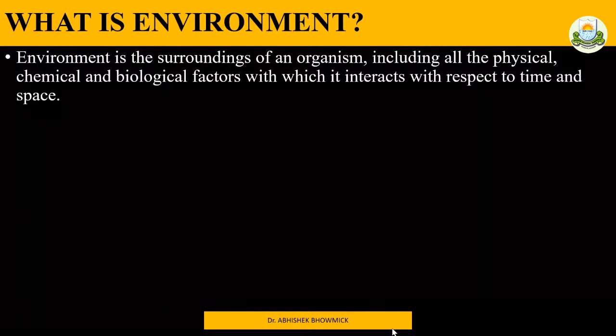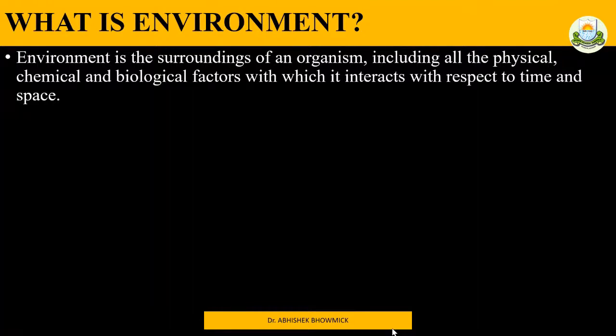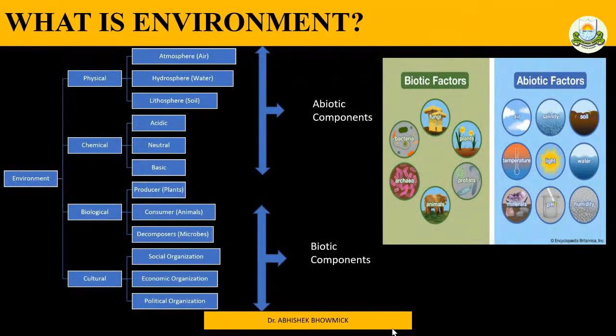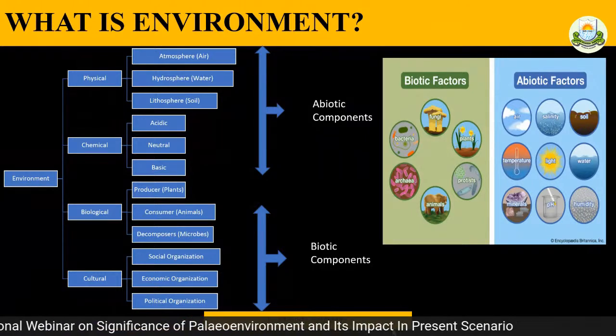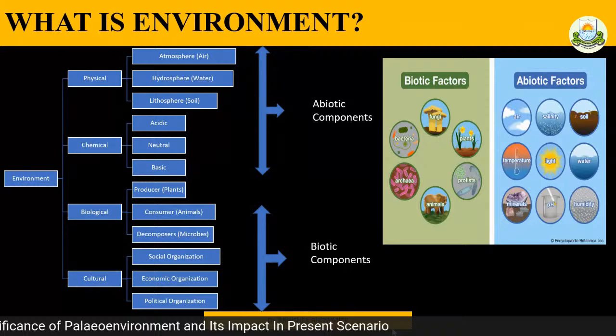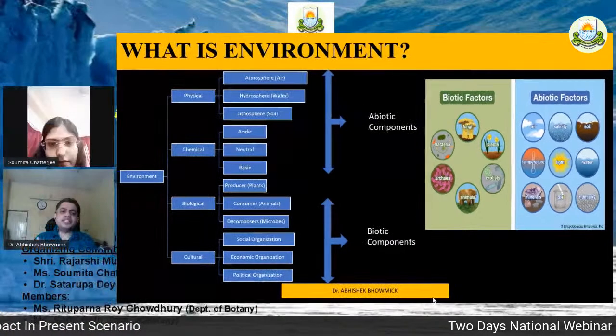So let's understand what the physical, chemical, and biological factors are. The environment consists of physical factors such as the atmosphere, hydrosphere, and lithosphere. In the chemical situation, it can be acidic, neutral, or basic.